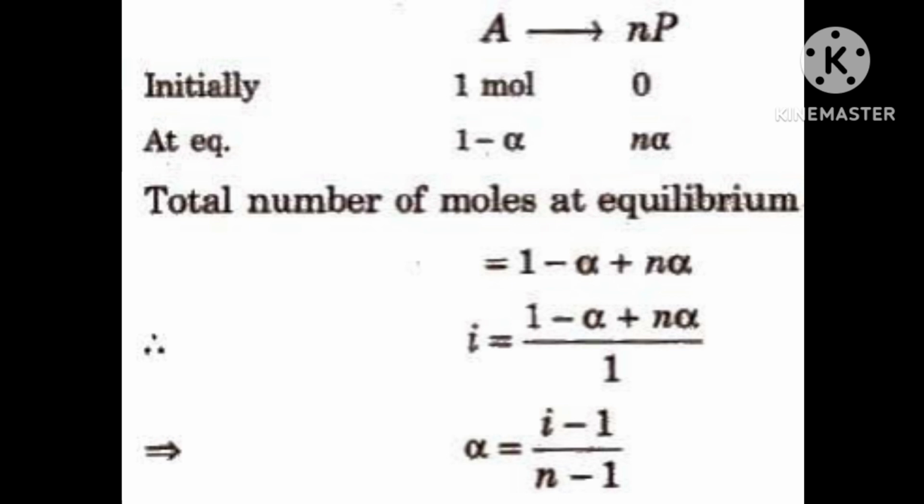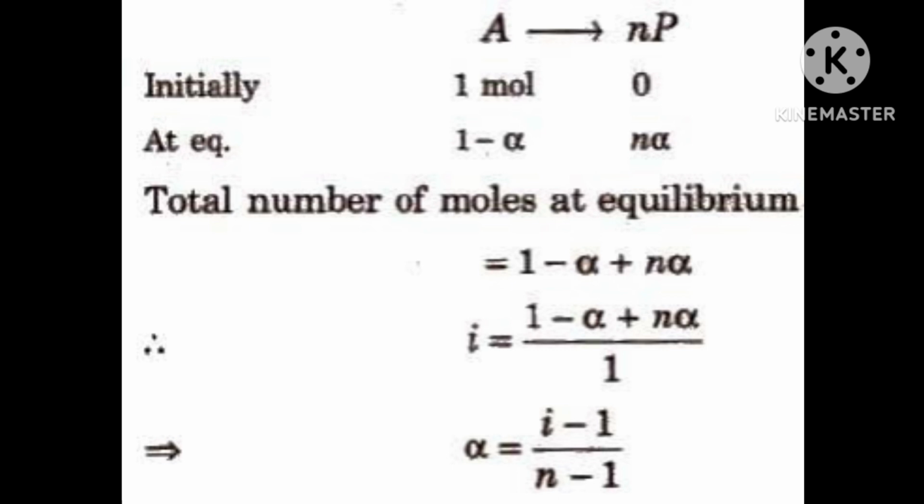Then you add, it will become 122. Then i is equal to 122 divided by 241, and i is equal to 1 minus x by 2.